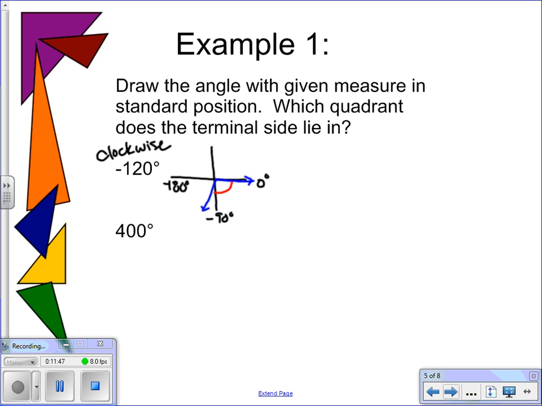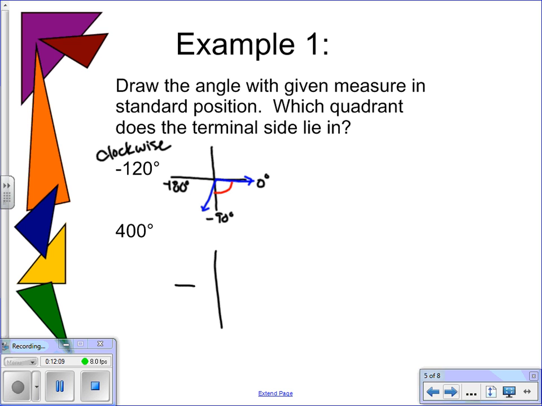Now, I have a second number up there, 400 degrees. What might be troubling to you about graphing an angle that is 400 degrees? Jackson? The quadrants only go up to 360. The quadrants only go up to 360. So we see this as a positive angle, this 400 degrees.